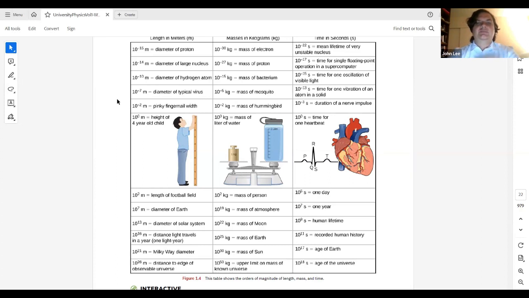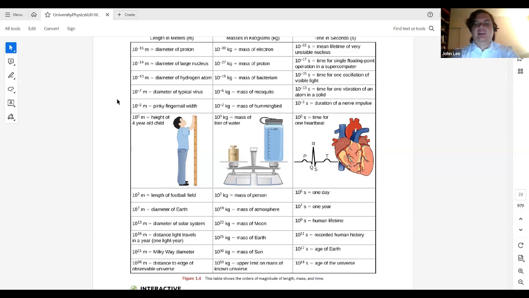So the lifetime of an unstable nucleus isn't going to be like a tenth of a heartbeat or anything like that. And then a heartbeat isn't going to be like a tenth of the universe. It's going to be differences in massive scales.